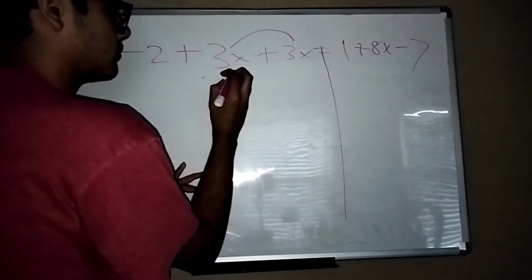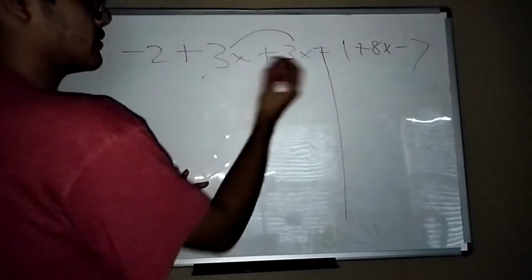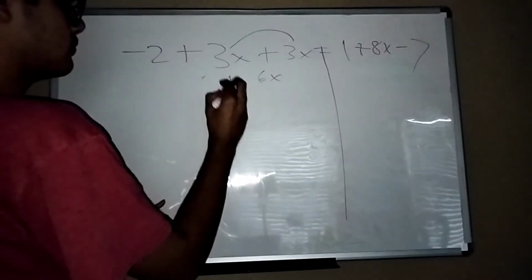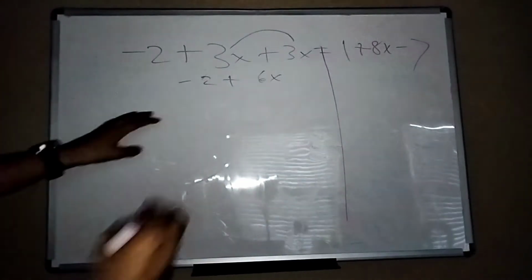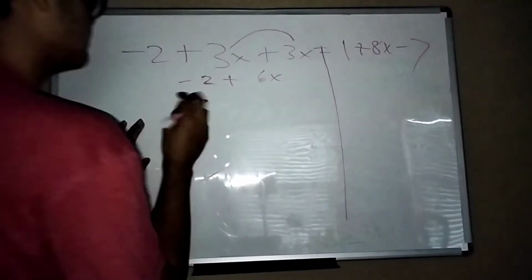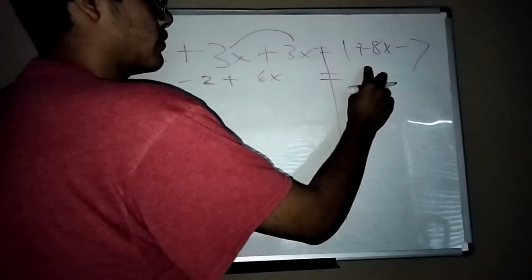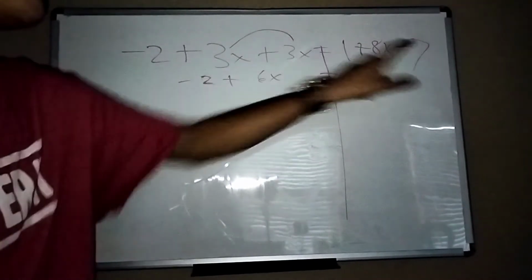So this is a positive 3x and another positive 3x, and this equals 6x. Drop the negative 2 down. And so for this side, you get negative 2 plus 6x equals, so now you have to find the like terms here, which is the 1 and the negative 7.